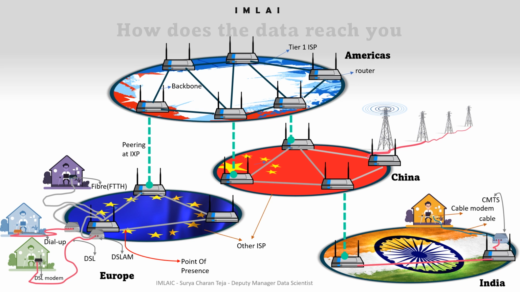The older technology was 3G, which can provide data delivery at a rate of 1 Mbps or a little higher.